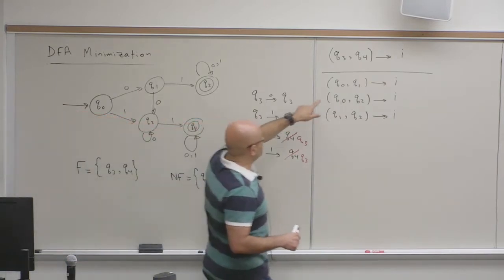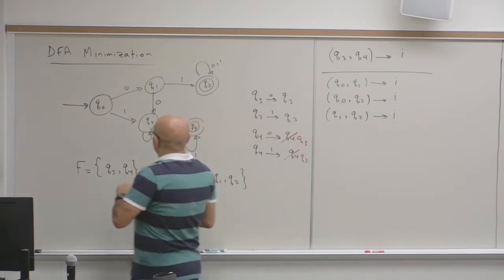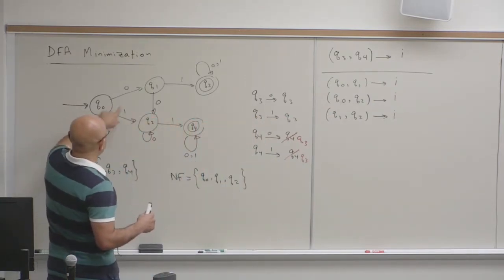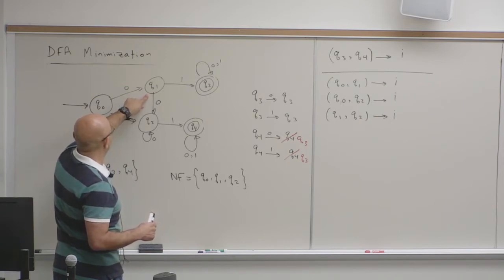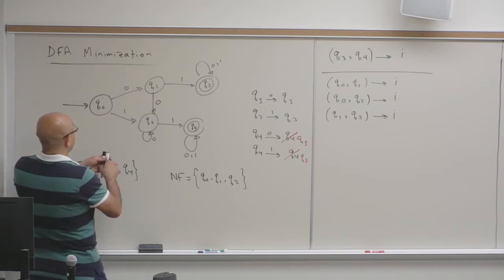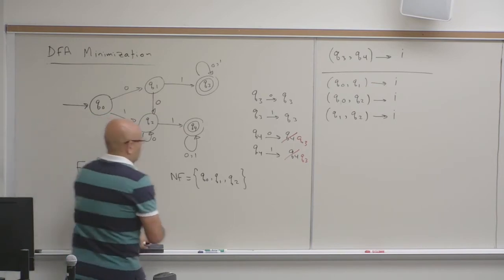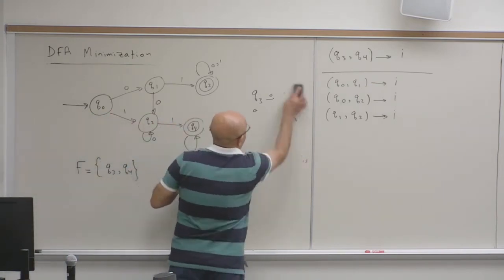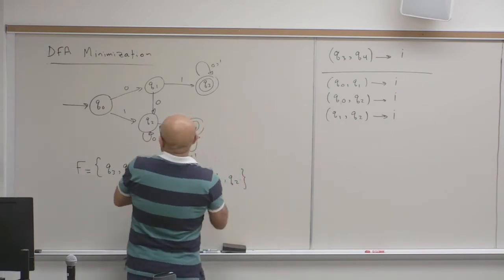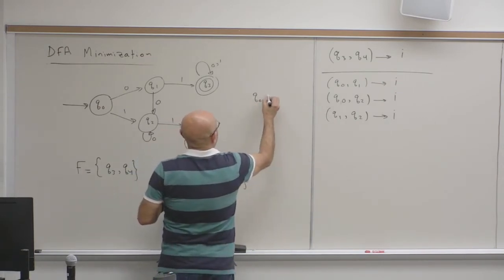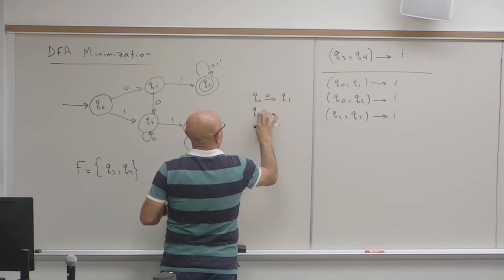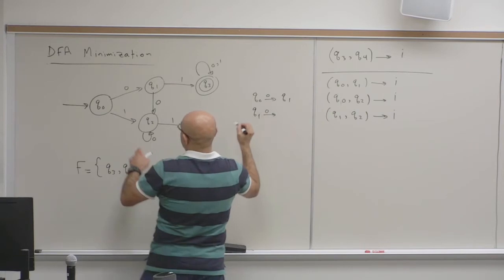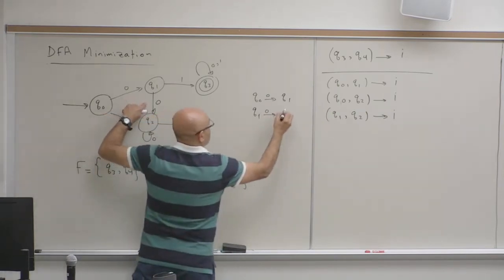Now, what about Q0 and Q1? Q0 on a 0 goes to Q1. Q1 on a 0 goes to Q2.